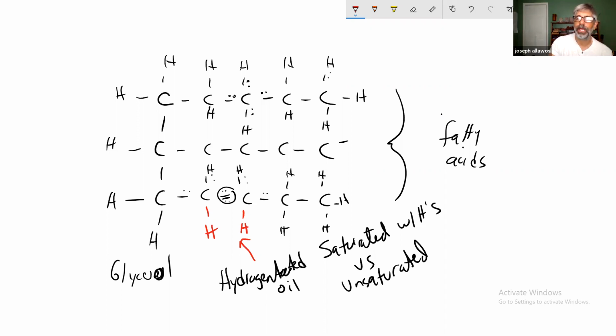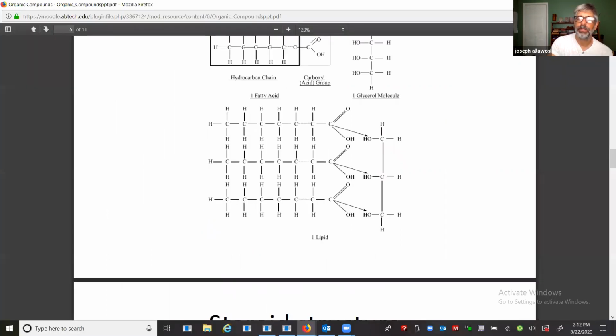Hydrogenated oils now have to be labeled in food, which is nice. I just want to tell you that one of the things the food industry will do is manipulate the serving size in order to say it has zero grams of hydrogenated oil.